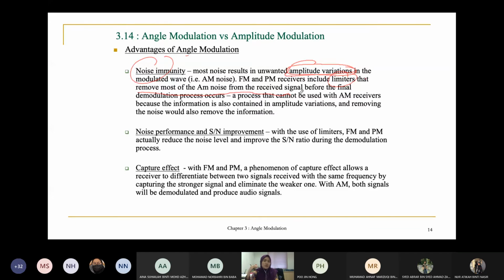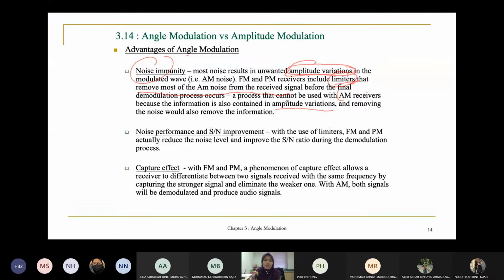For amplitude modulation, you cannot add in limiters, because the limiter reduces amplitude variation, but in amplitude modulation most of the information is contained in the amplitude variation.